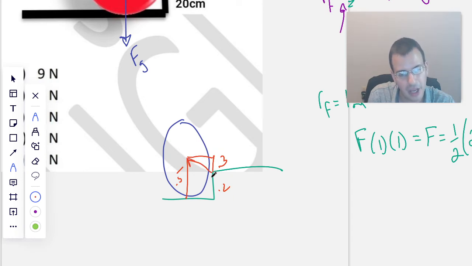And so we have kind of this triangle right here. So we have the force going down, this is force gravity, and we have our moment arm.